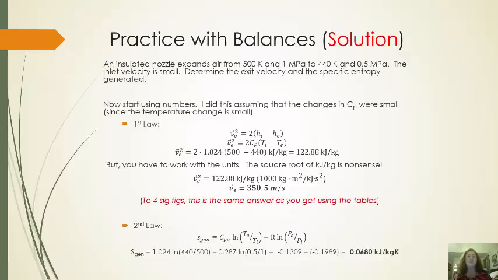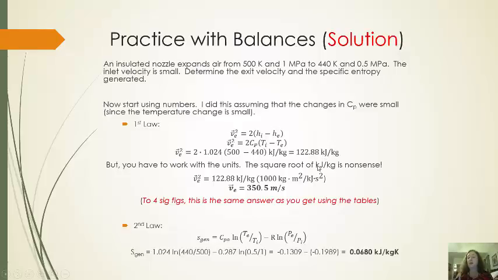Now this temperature change isn't very large, so I went ahead and just used a constant C sub P. It would be better to integrate from temperature 1 to temperature 2, but this was a shortcut. I have this. The units are a little crazy. I get velocity squared as 123 kilojoules per kilogram.